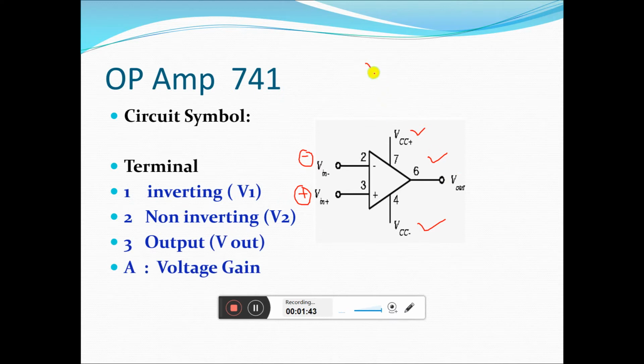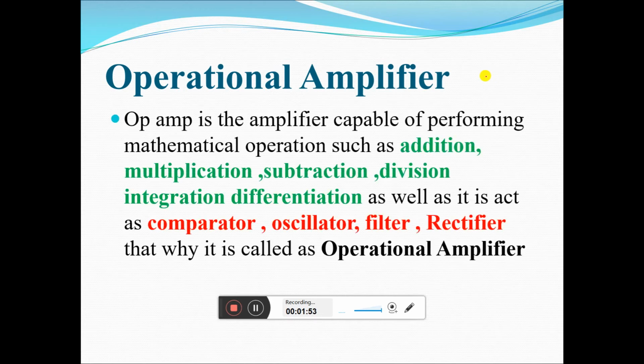In any amplifier, the output voltage depends upon the gain, that is the parameter A, and the input variable. Why do we call it an operational amplifier? Because this amplifier can perform mathematical operations such as addition, subtraction, multiplication, division, integration and differentiation. The IC 741 also acts as a comparator, comparing two signals.